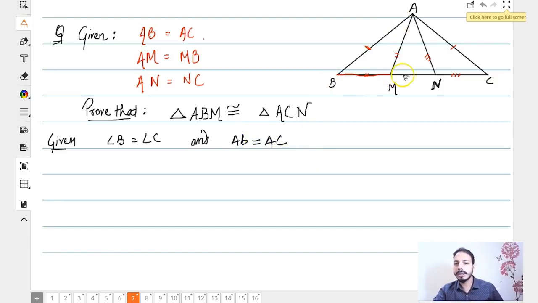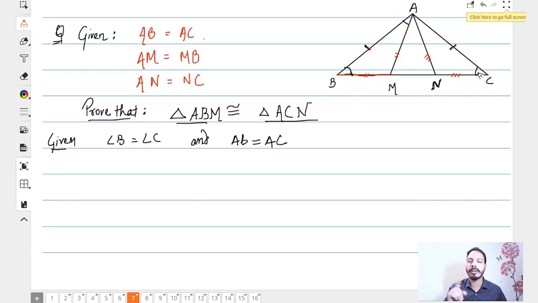So in these two triangles, we already have this side equal to this side and this angle equal to this angle. We just need to prove that this side is equal to this side or this angle is equal to this angle. So I'm showing you what should be the approach, how we should think. We can say that two triangles are congruent when any two angles and a side are equal to the other two angles and a side of a triangle.